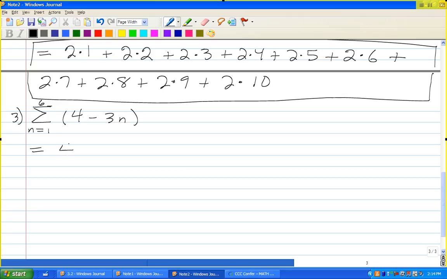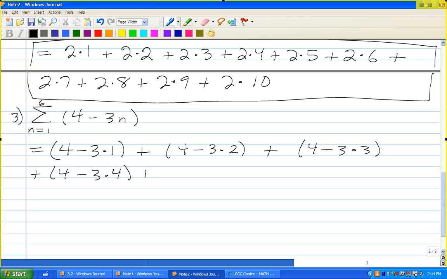So let's replace n by 1, replace n by 2, replace n by 3, replace n by 4, replace n by 5, replace n by 6.